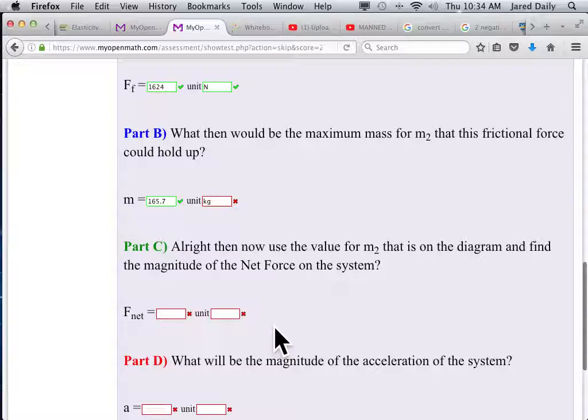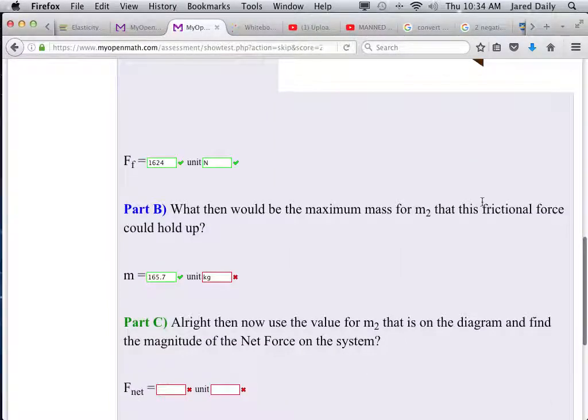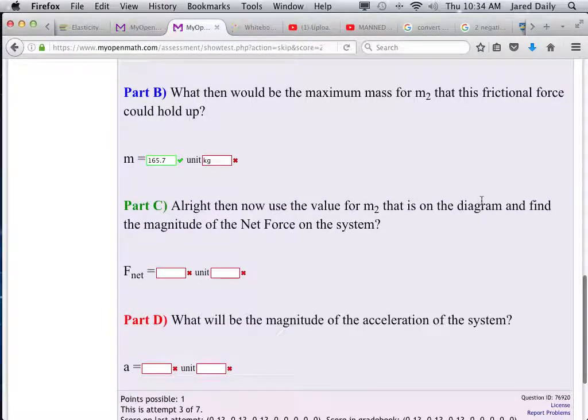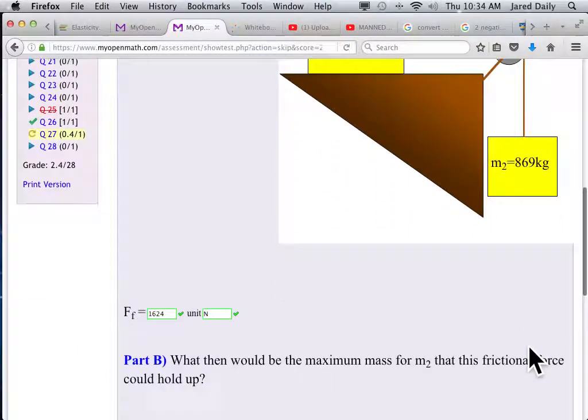Okay, so now we're going to use the value for M2, the actual one that they give us, which is much bigger than 165.7. And we're going to find the net force on the system. We already know the force in tension, or the force in friction, and now we're going to use the actual force in weight.